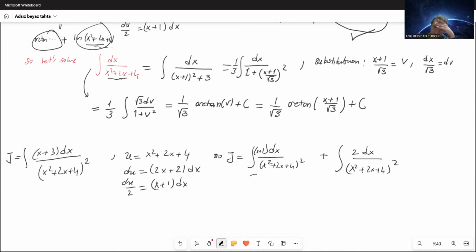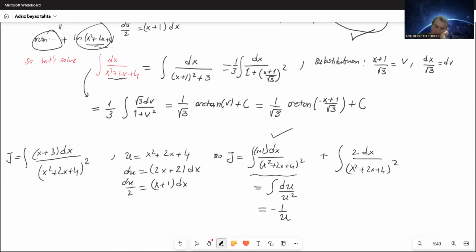Now, this part will be equal to the integral du over u squared. As you can see, this part is just polynomial, right? So this integral is actually minus 1 over u. So this part is okay. What about this part?